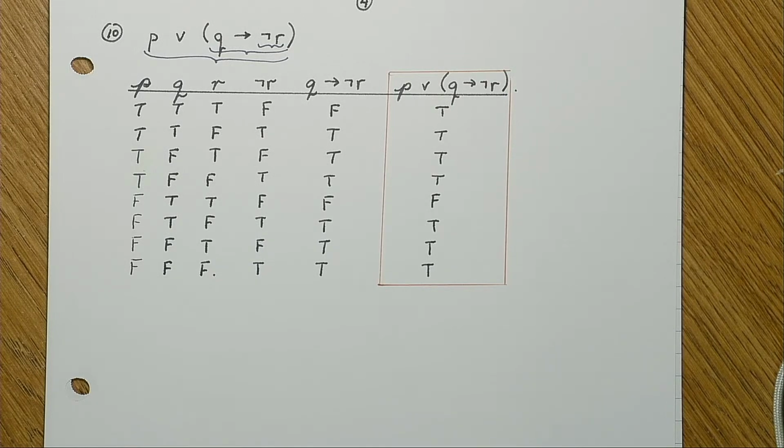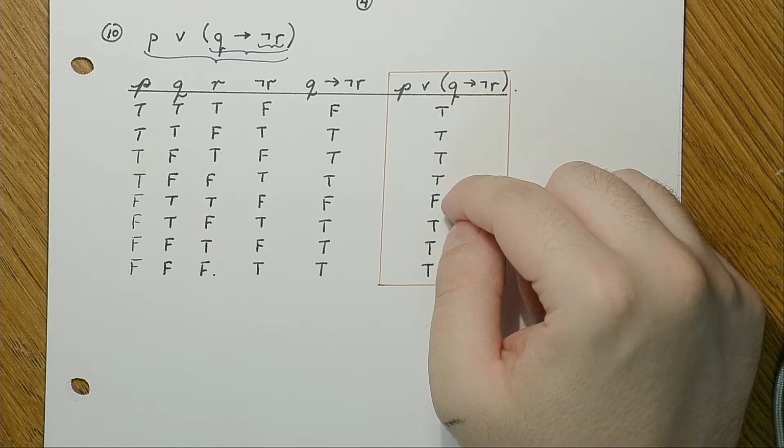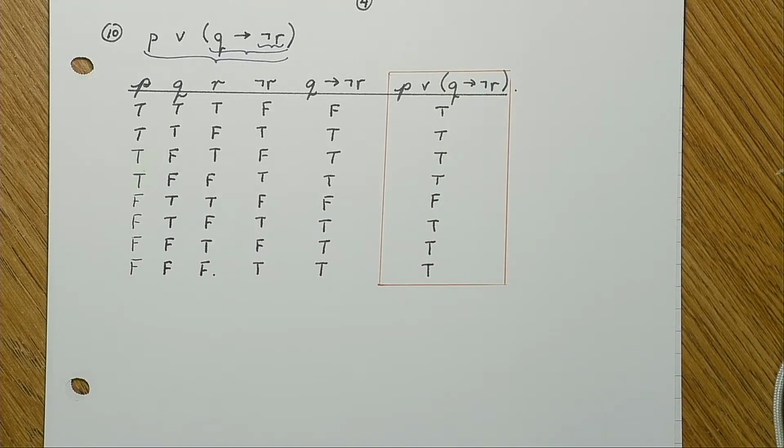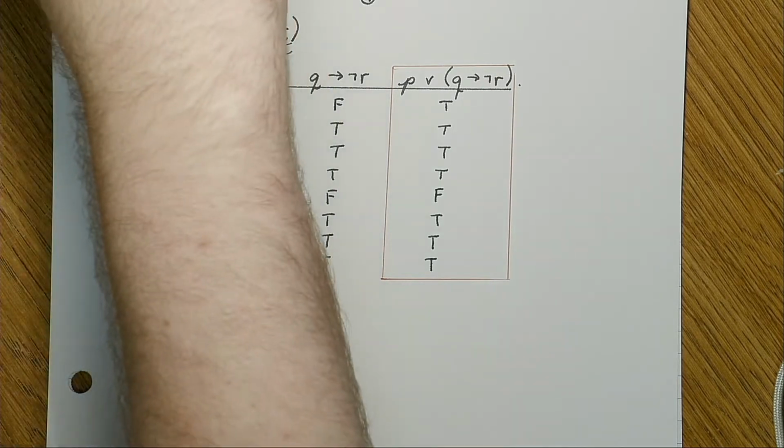So then the question is, did everyone get what I have here? 4 trues, then a false, and then the rest are true. Good. Can I make these more complicated?